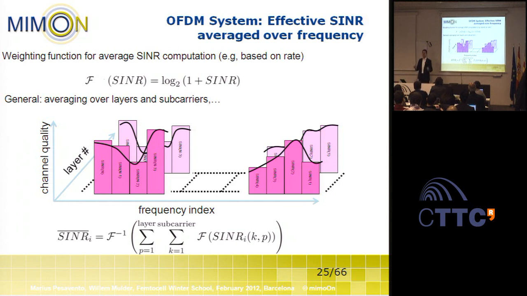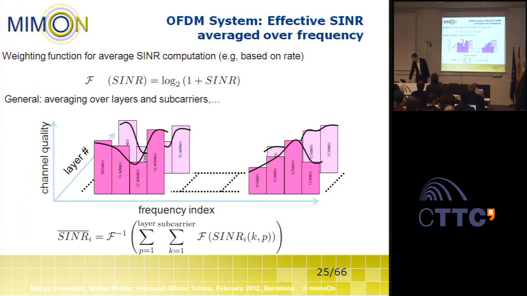to come up with an average or effective SNR value. For example, if we have an uncoded system, it would make sense, instead of averaging the SNR, to average the rates. So there the capacity would come into place, and instead of averaging SNR, we would average the logarithm of 1 plus SNR, which is effectively a measure of the achievable rate in this system.